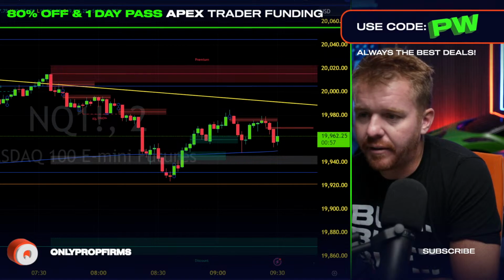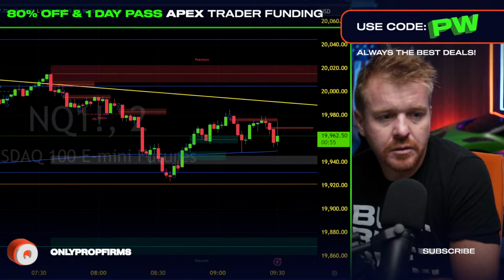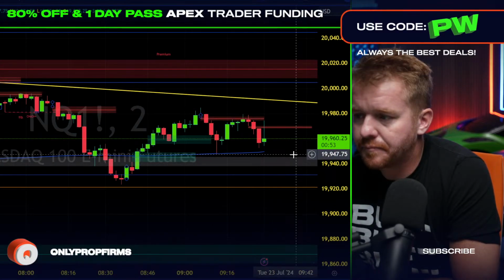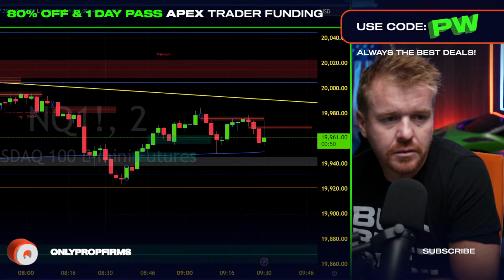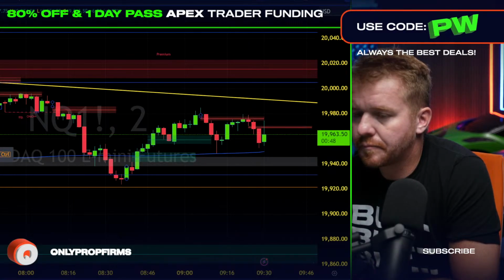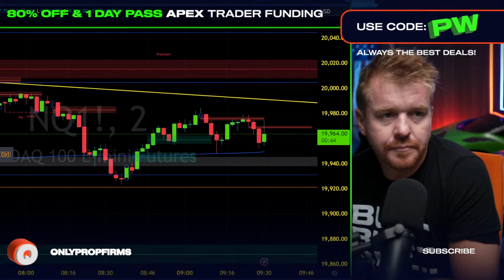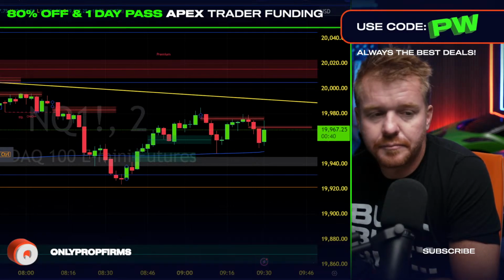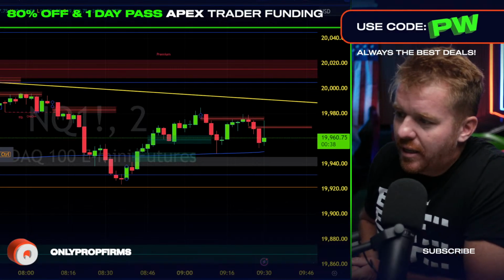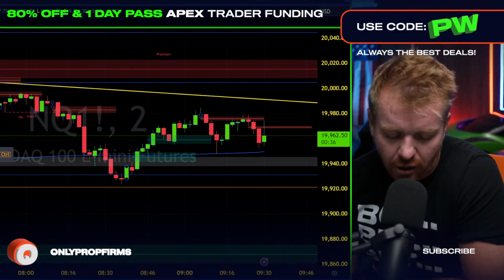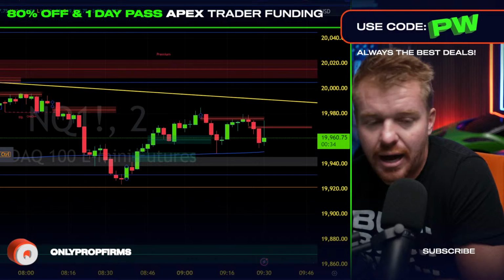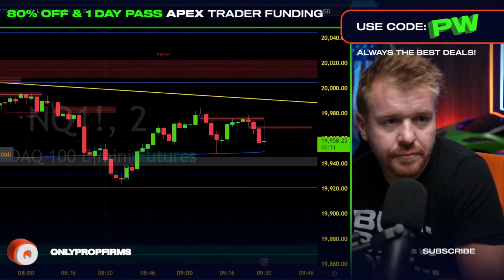Back to the VWAP again. Market has mixed feelings which way it wants to go. Right now, that 60 area trying to hold on. Below the 60s, not looking too hot here for the bulls.